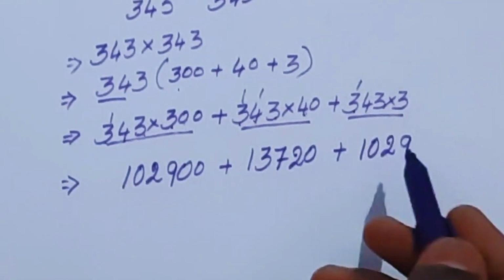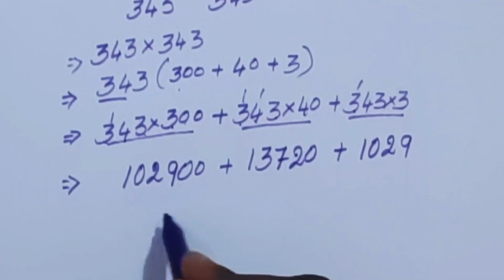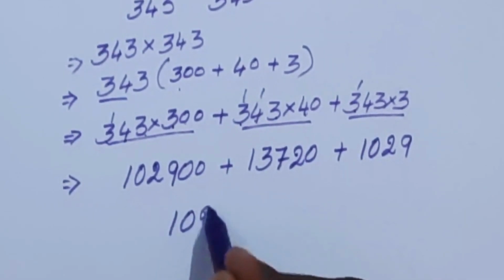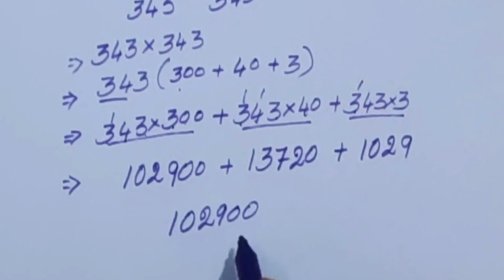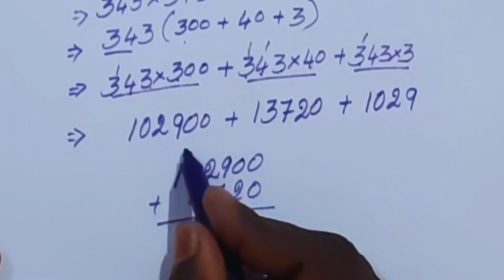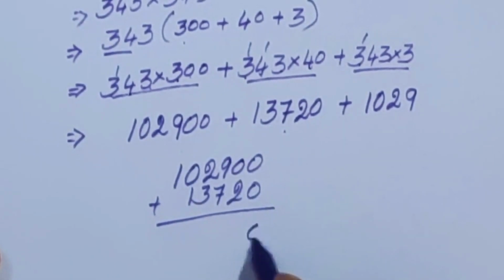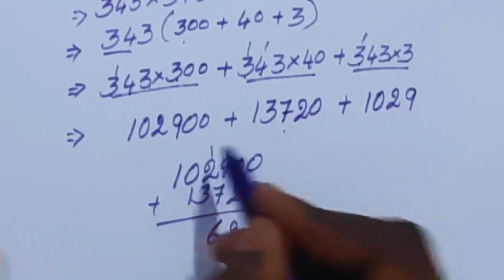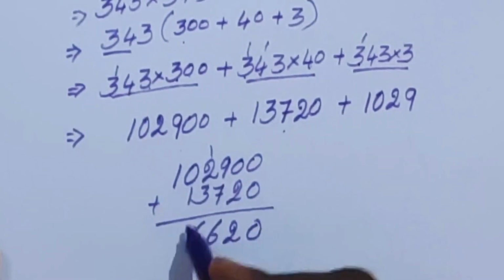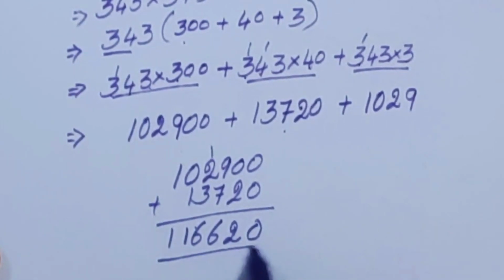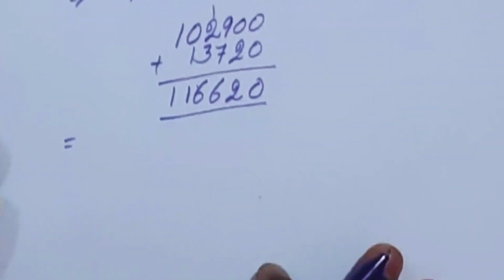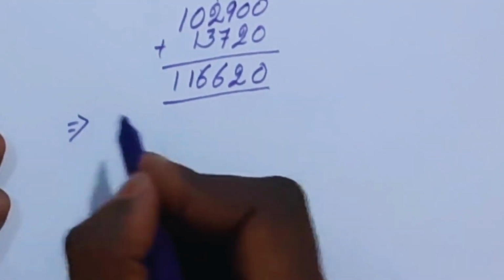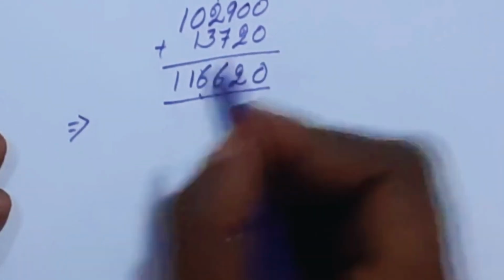Now we are going to add these. We are going to add this first. So 0, 2, and here 6, 1, 6, and 1 here, 1. Now we are going to add this and this now.